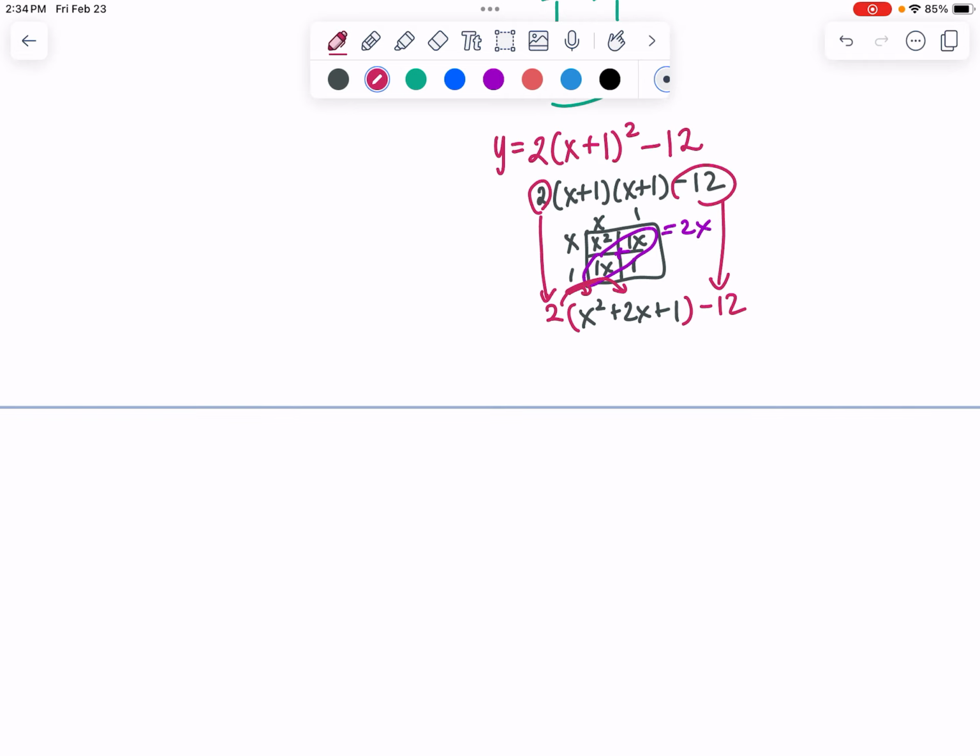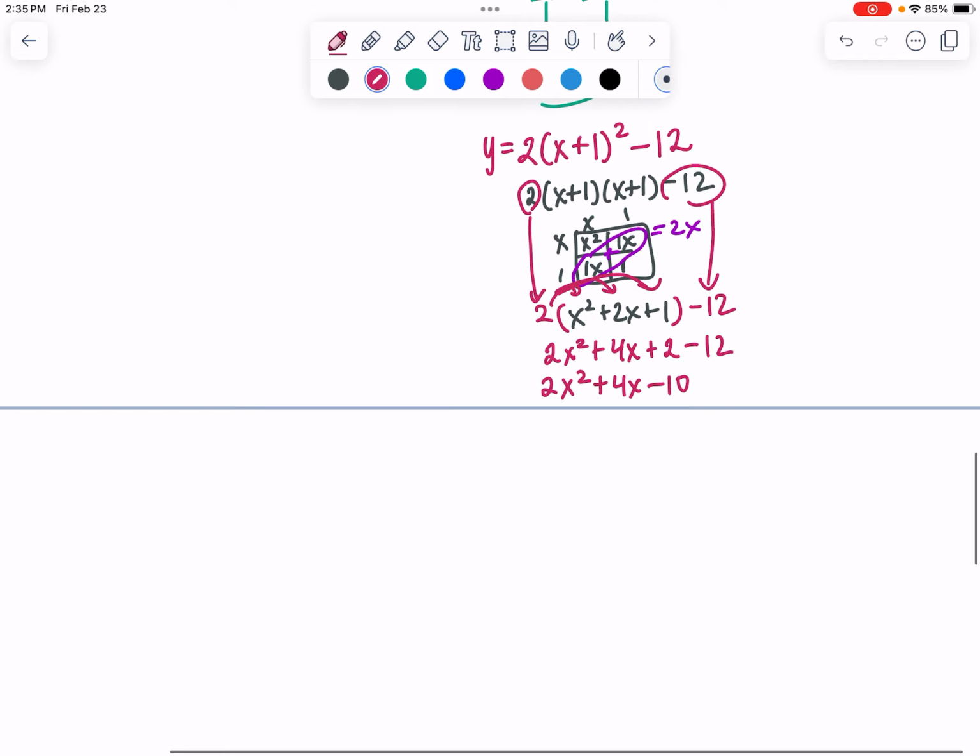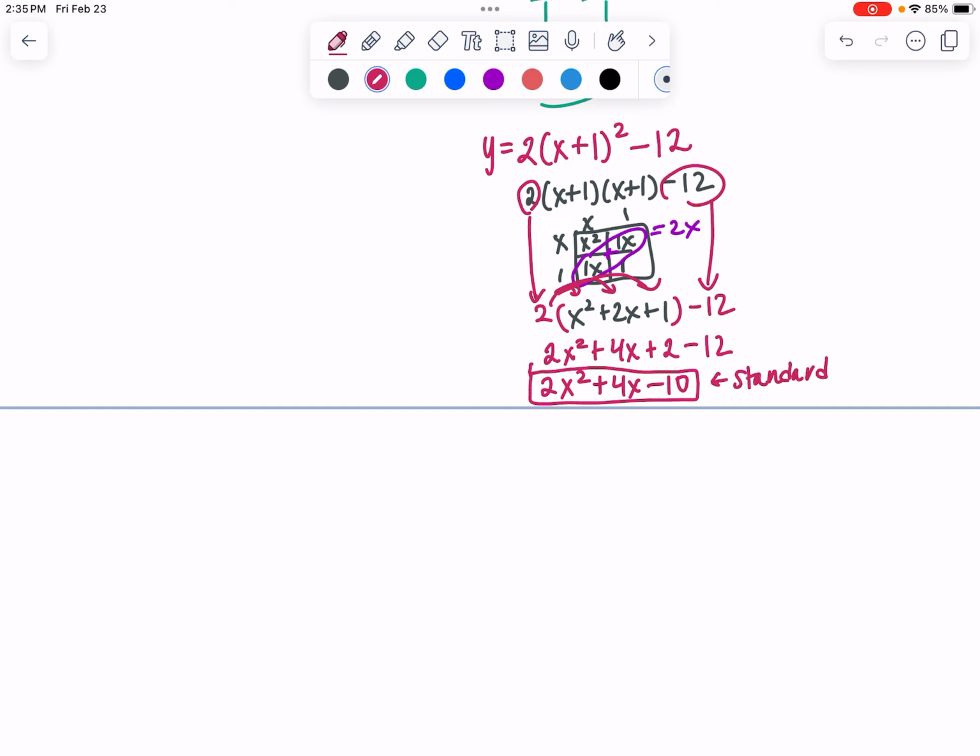Distribute the 2, 2x squared plus 4x plus 2, and then combine. 2 minus 12 is negative 10. So that's our standard form. A is 2, B is 4, C is negative 10.